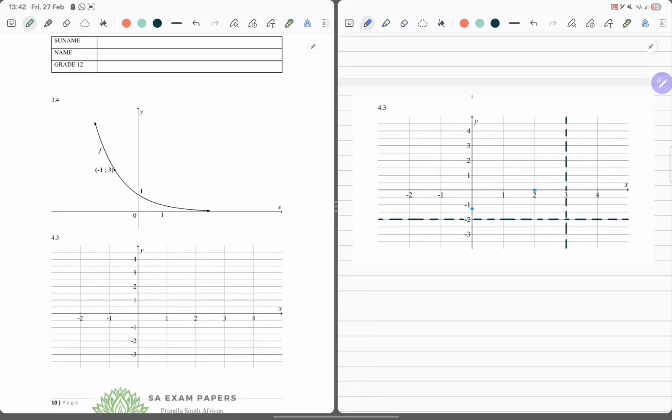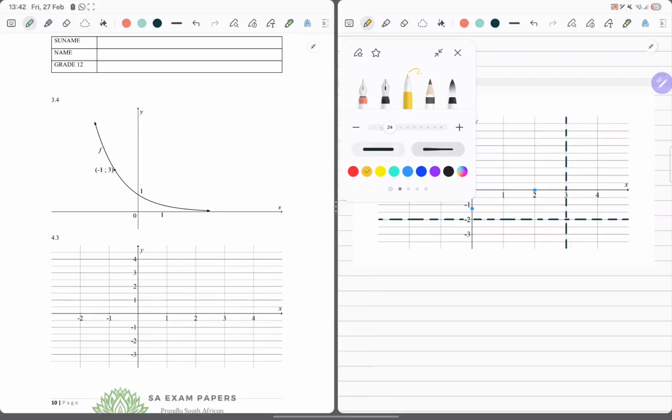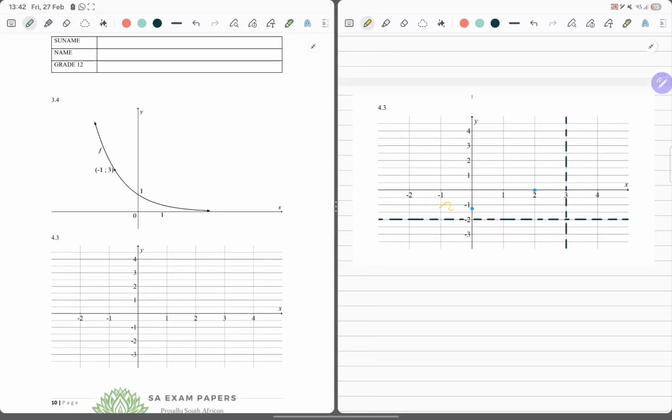Okay, so there it is. So we know that the graph comes up nicely, the graph comes up nicely, and it's going to do this too.